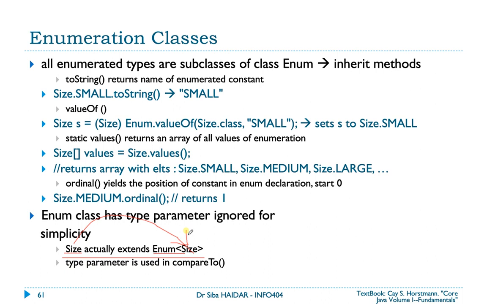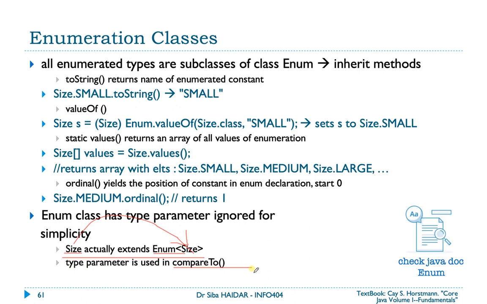So you see how complicated this is. Why do we need a type parameter? We need a type parameter inside the Enum class in order to do compareTo. You will understand what I'm talking about now when you study with me the chapter generics, the chapter collections, and the next chapter, interfaces, because compareTo is explained in detail in the chapter interfaces.